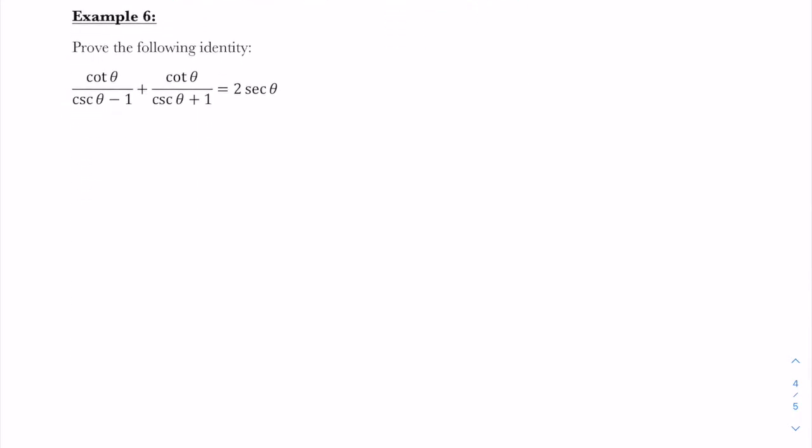Okay, so this would be another sort of medium to hard one. I'm going to recommend that we work with the left-hand side.